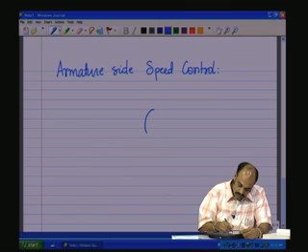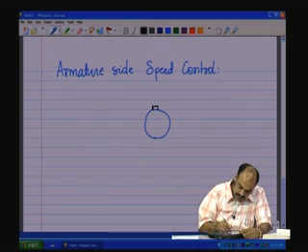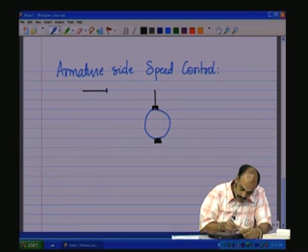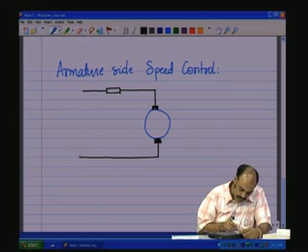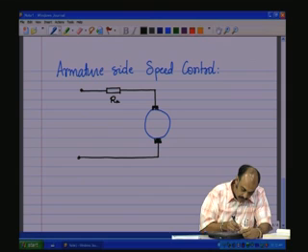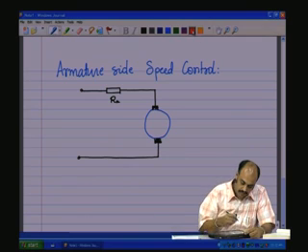We have the motor, we have the brushes here, and the brushes are brought out to the terminals of the motor, and we have a resistance RA, which is the equivalent resistance of the motor.